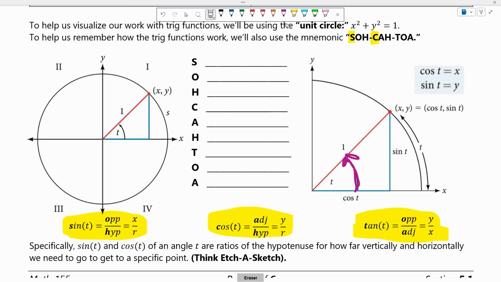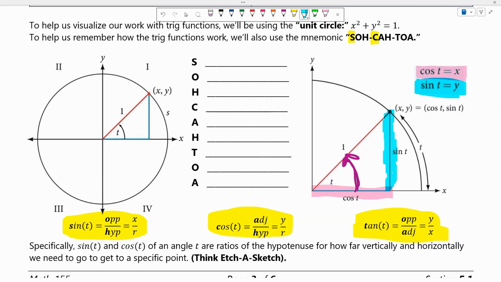What we are trying to say for sine and cosine is that the cosine for a given angle T is, let me actually highlight it how I say it, the x component, the horizontal component. And the vertical component, the one that goes up and down, is sine.